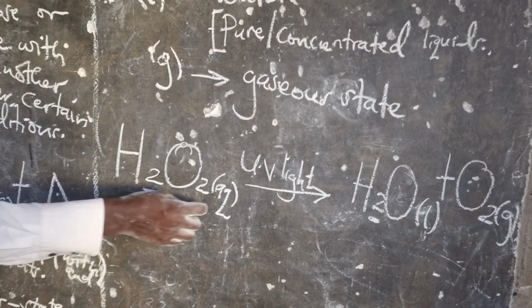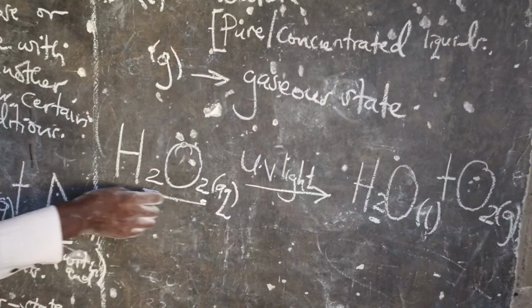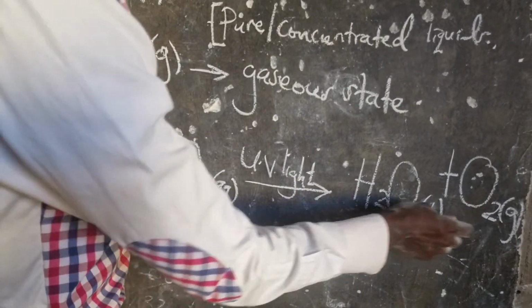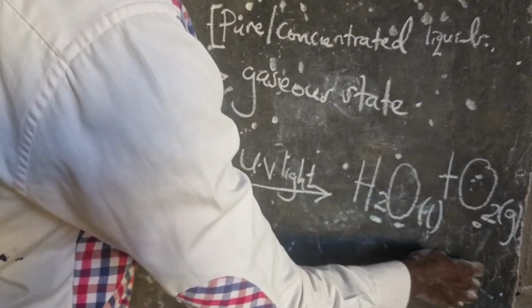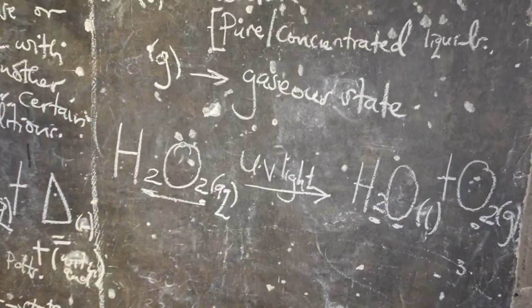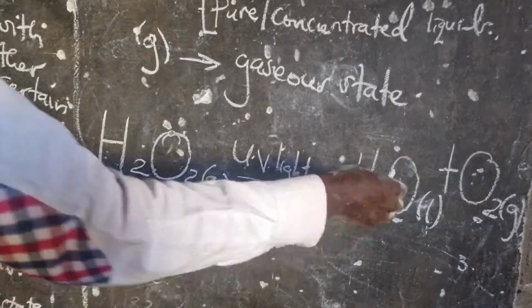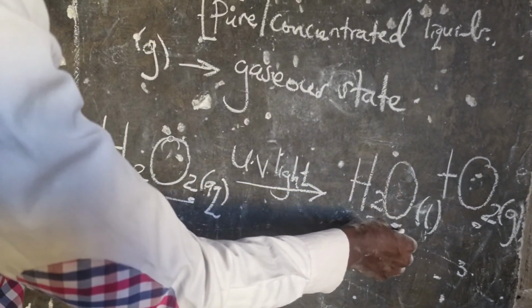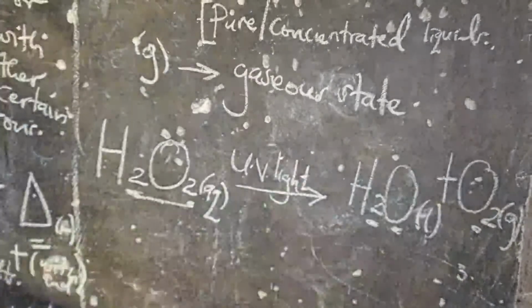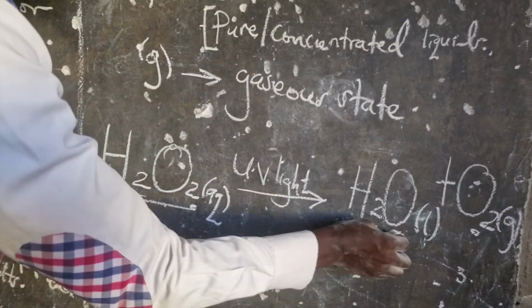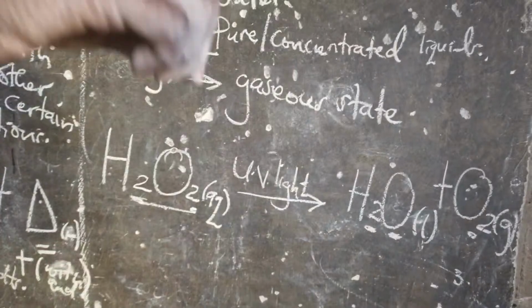We have 2 oxygen atoms this side, but this side we have 1 here and 2 here. When you add them, we have 3 of them. So we can only start balancing it by making this number of oxygen atoms even, like they are the other side. To make these even, we shall look for the smallest even number.